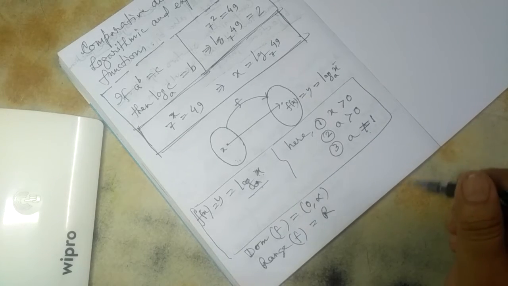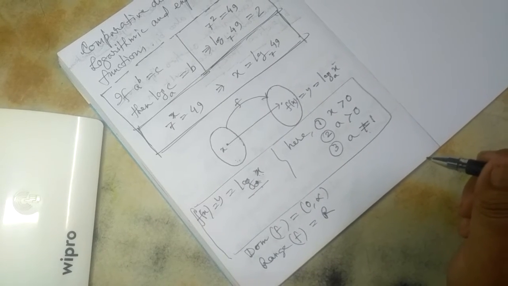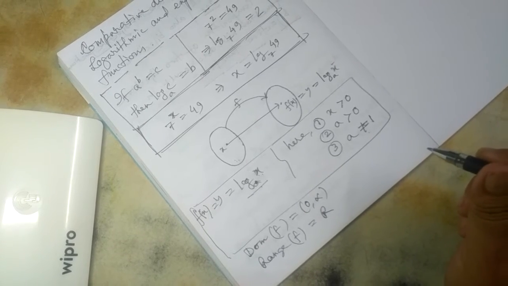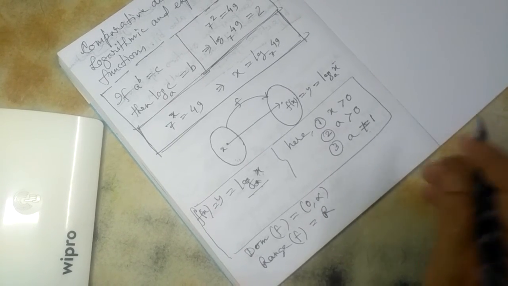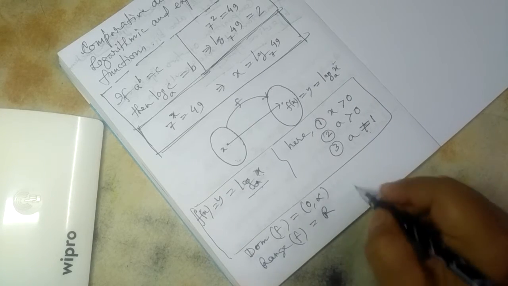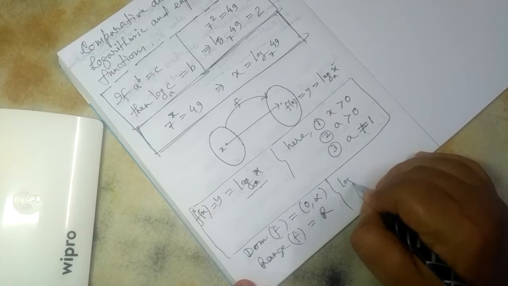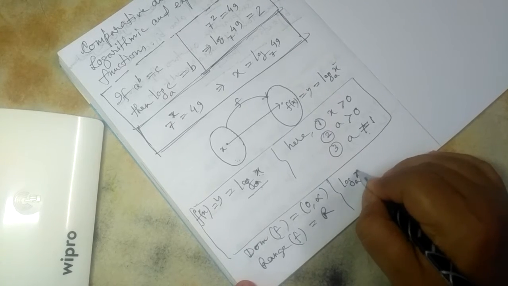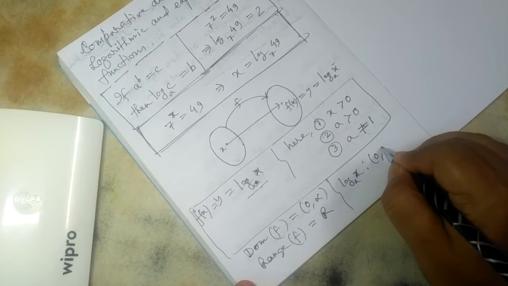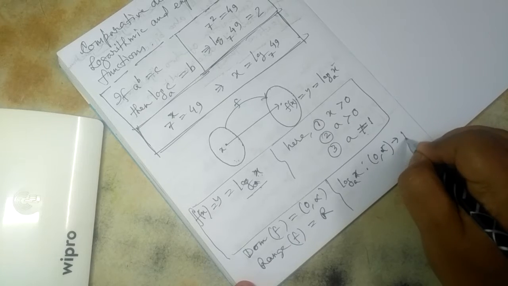It may be -5, it may be -3, it may be -3.2, it may be anything. So this one, domain of f is (0, infinity) and range of f is R. That is, log x base a is a function from (0, infinity) to R.